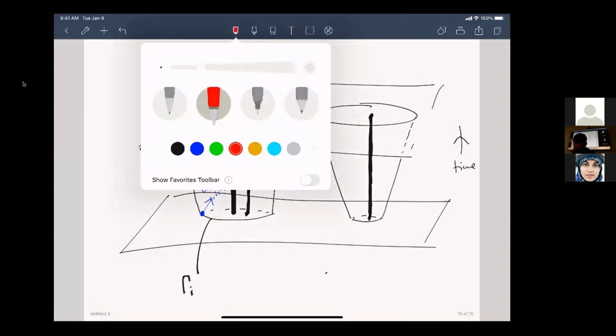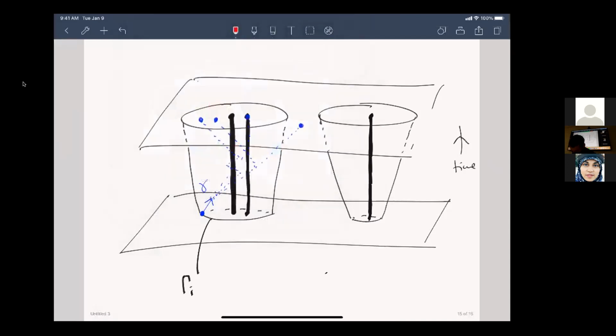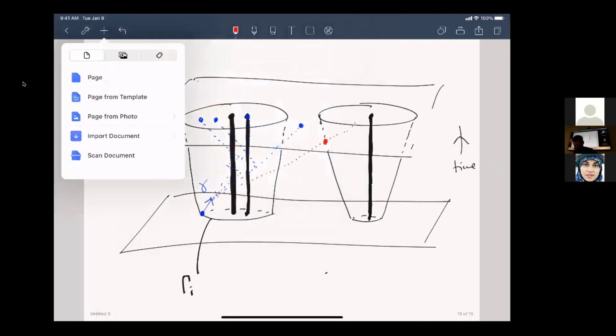So I'm going to draw it in red to say it's not allowed. It's not possible for a null geodesic to go inside and cross this region here and go into this other region. And this is our way of saying they're far apart. Okay. So this is the assumption. This is the main assumption.